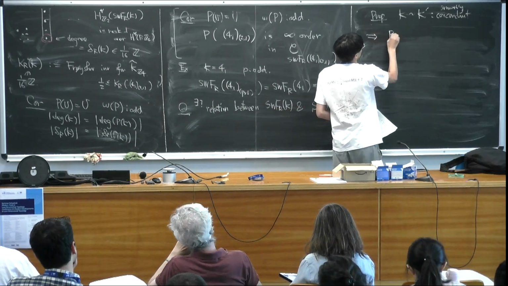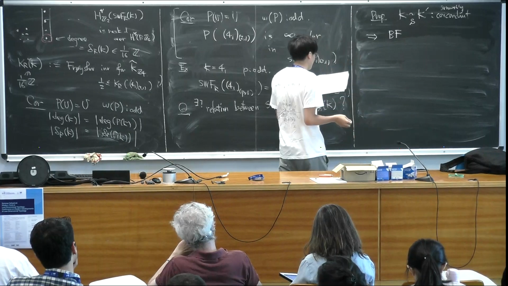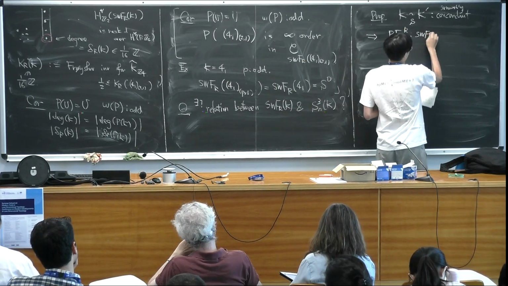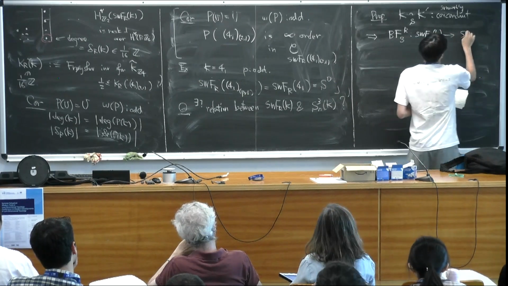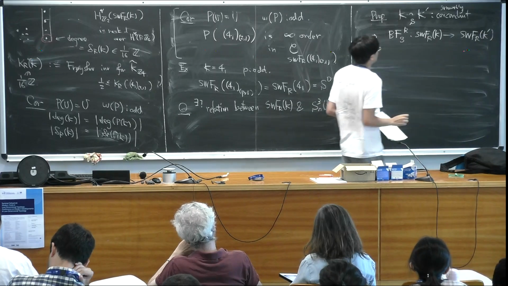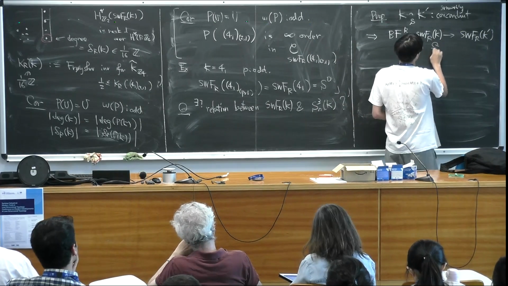Denoting this concordance by S, we can get the cobordism map, which is a continuous map from the Floer homotopy type of K to that of K prime, and we have 0 for the action.